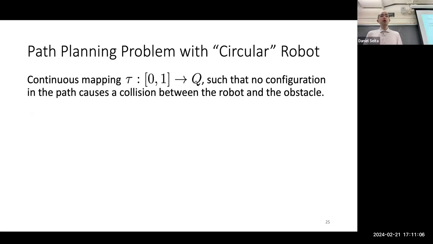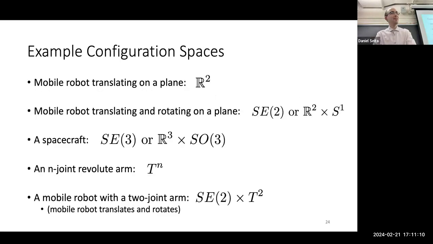R is the set of real valued numbers. When you have R to some power, that means it has that many numbers in it.